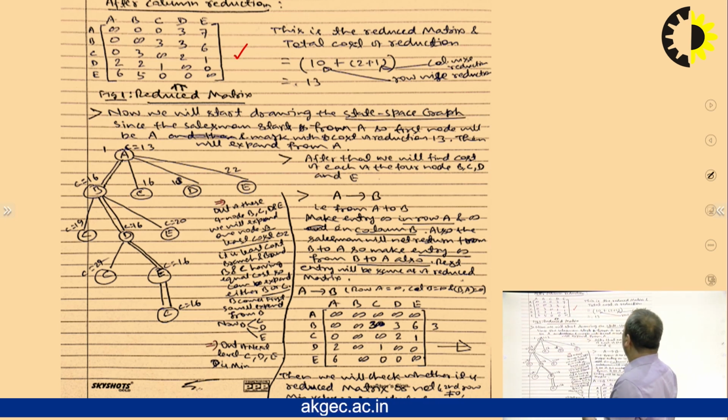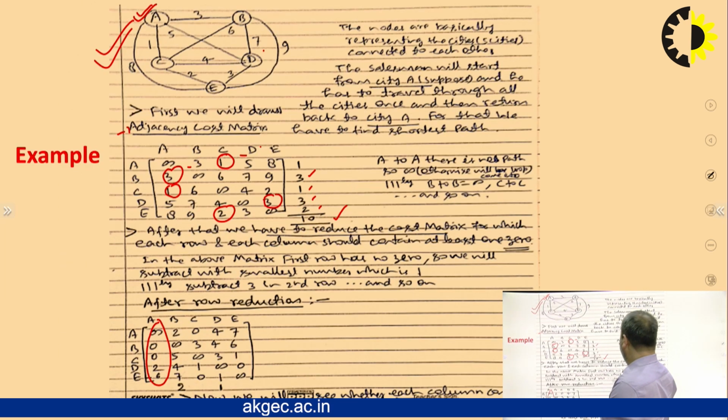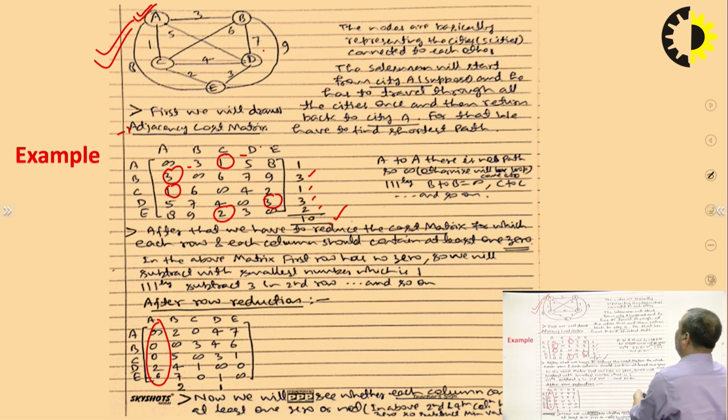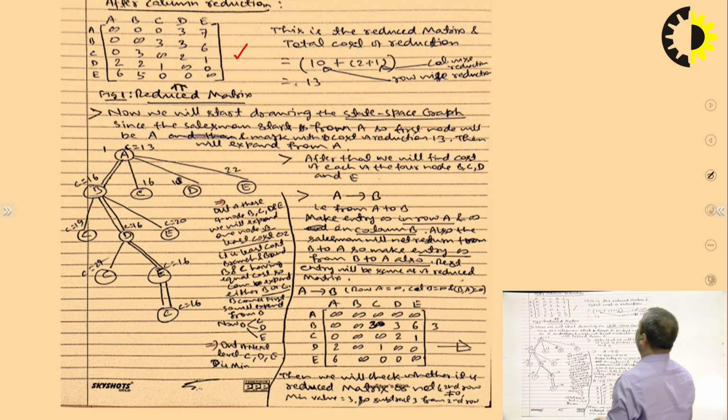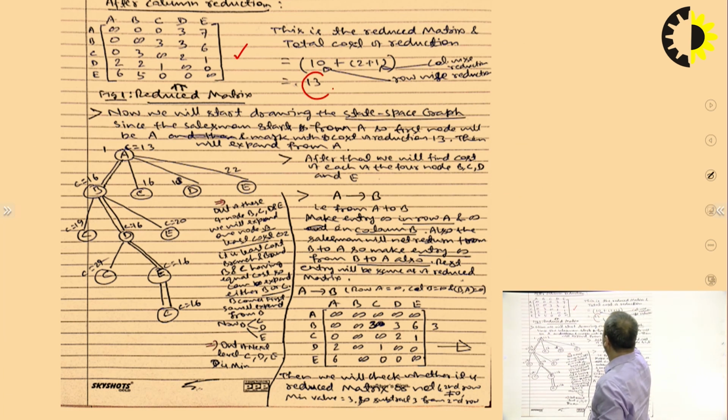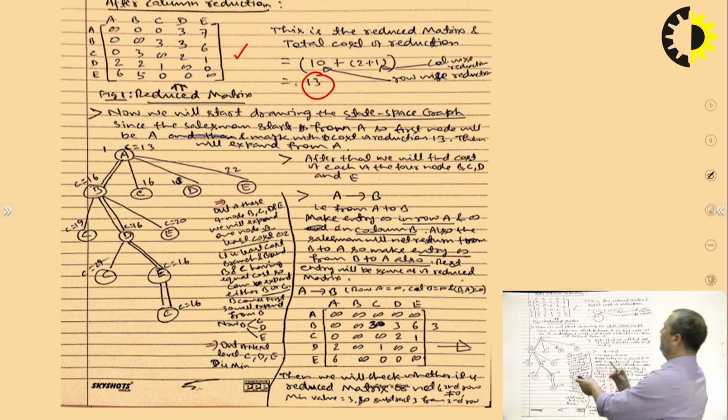So what will be the cost? We have seen here in row reduction, the cost is 10. Similarly, in column reduction, the cost will be the minimum elements 2 plus 1, which becomes 3. So row reduction is 10 and column reduction is 2 plus 1, meaning 3. So this will be the cost of this reduced matrix.